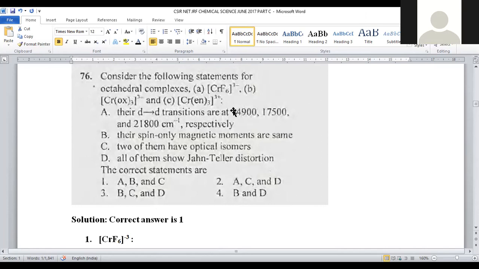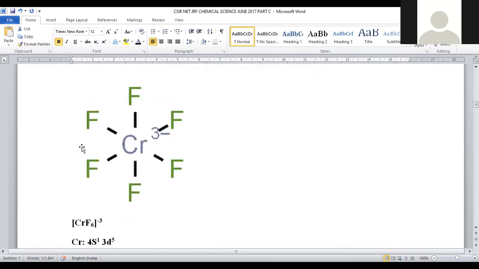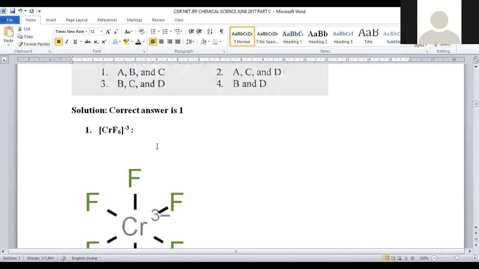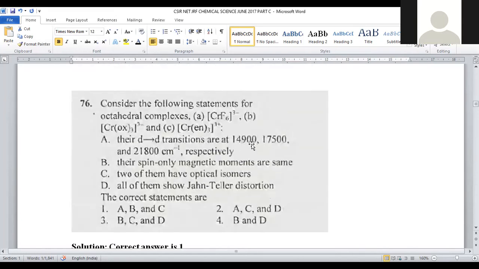And compound 1, chromium hexafluoride, being monodentate, this excitation requires less energy because all are single bonds, all are monodentate, all are freely excited from ground state to excited state. That's why 14,900 cm^-1 is sufficient for this chromium hexafluoride complex transition.